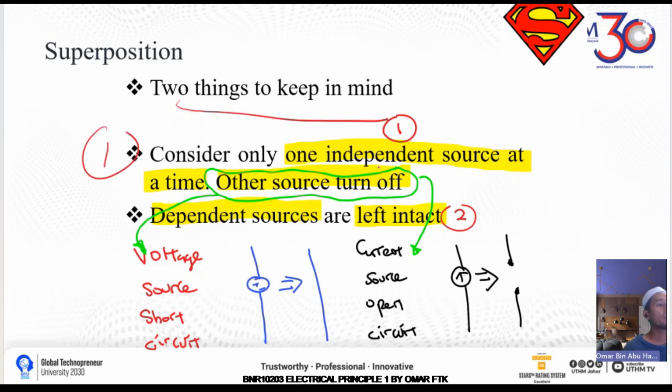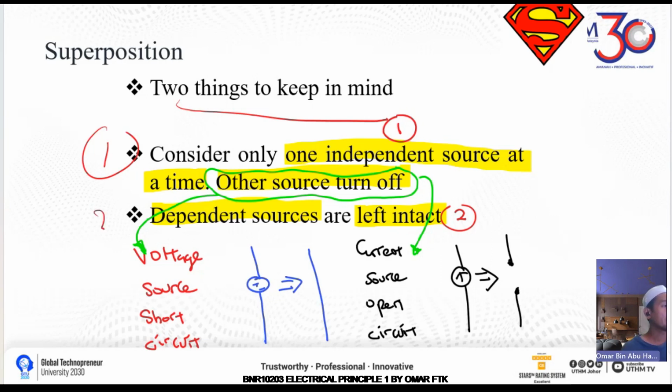First, you have to consider one independent source at a time. So that means if you have many voltage or current sources in your circuit, then when you want to do the analysis, you have to select one independent source, and then the others you have to turn off.